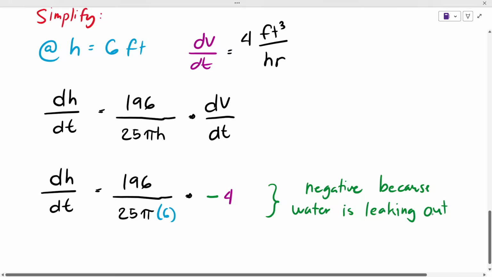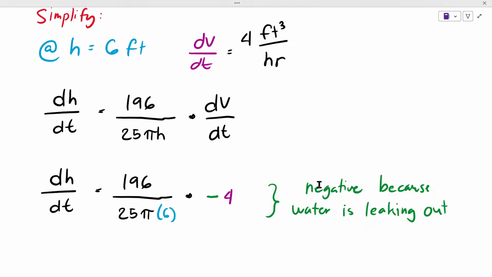Is decreasing. So the negative sign here indicates that the volume is decreasing over time. The change in volume over time is referring to the reduction of water inside the conical tank.